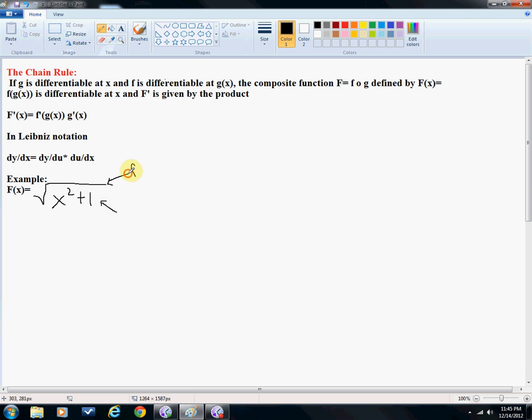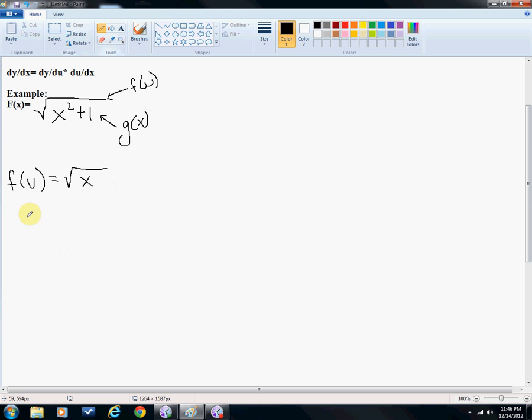Therefore, this is f of u and this is g of x. So let's put it on paper. f of u is the square root of x, simply because x just means the function inside. It just represents the thing inside. And g of x equals x squared plus 1.